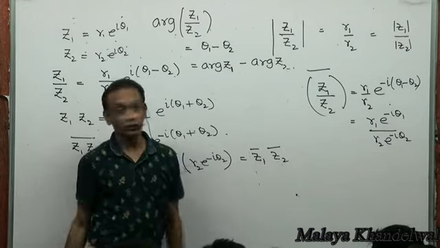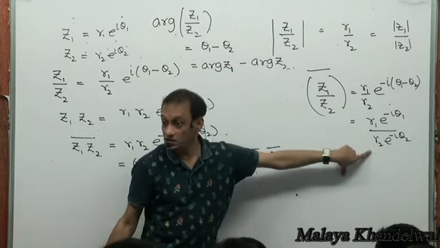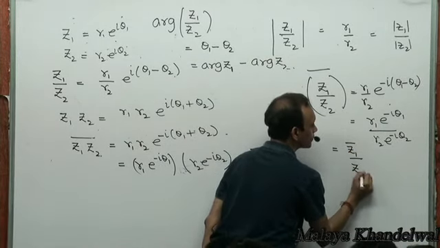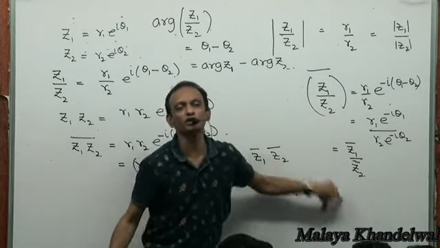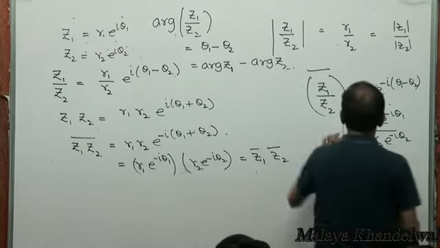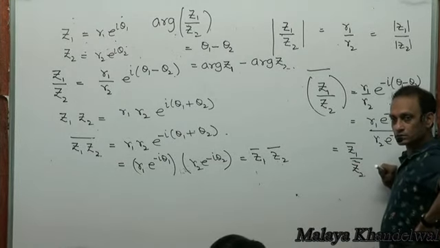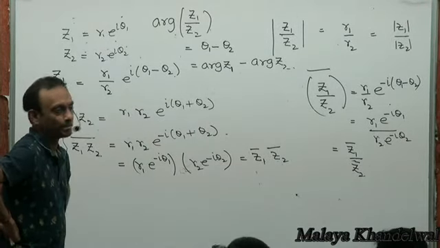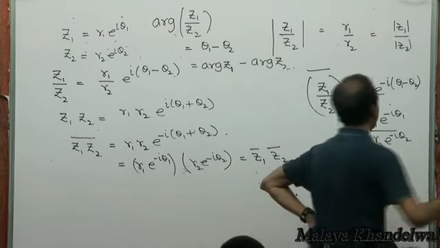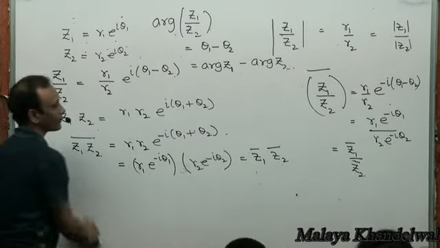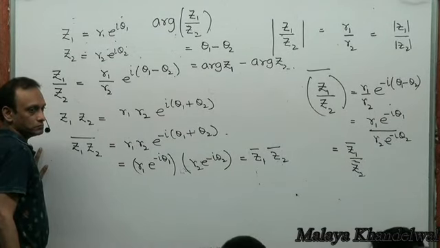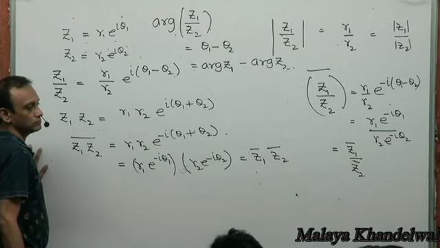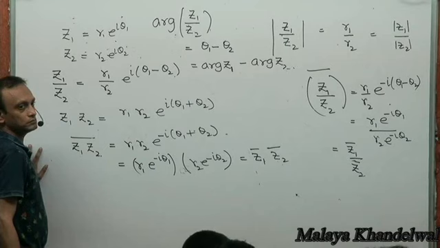Yes or no? But what is this? z1 bar. What is this? z2 bar. That means the bar of a ratio will be the ratio of their bars. Bar of a ratio will be the ratio of the bars. Right? Got me? All's good?